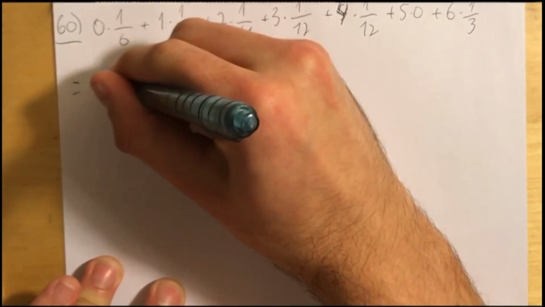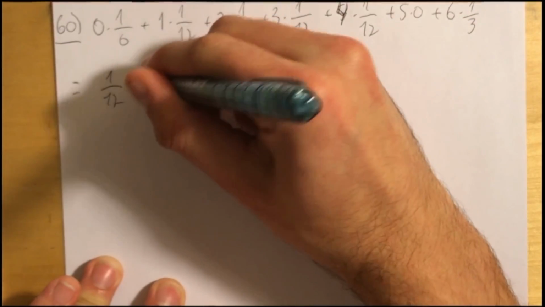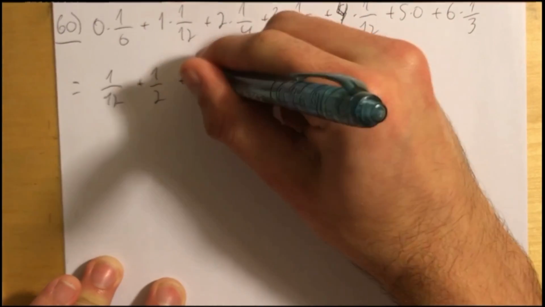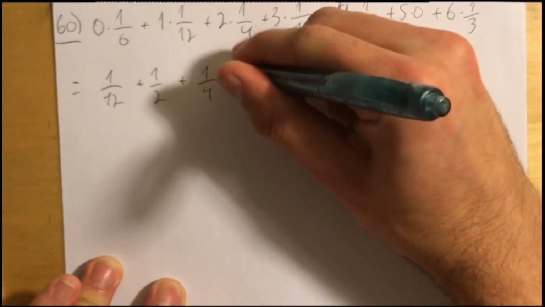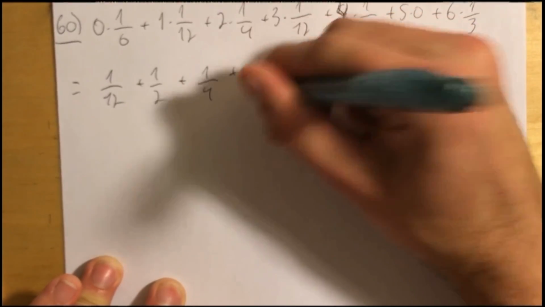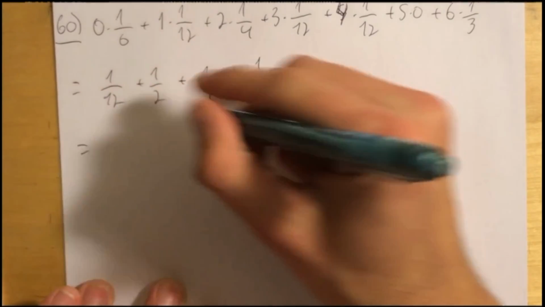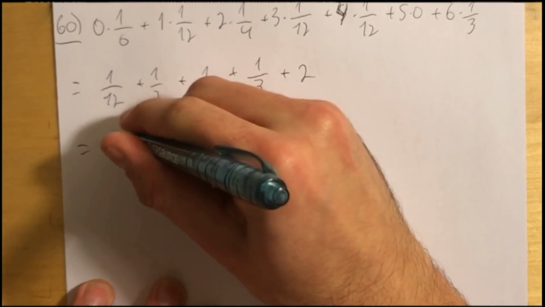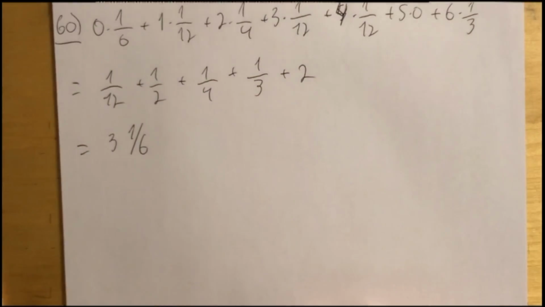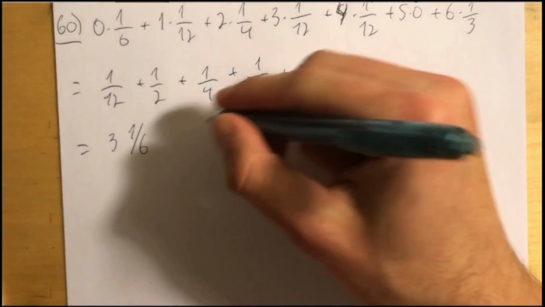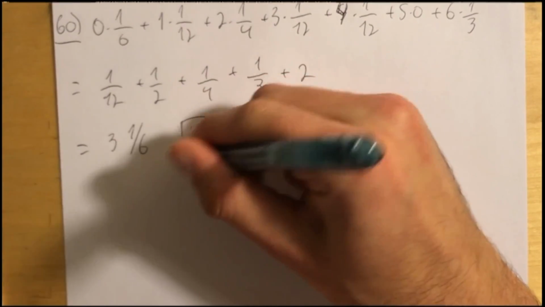Simplifying, we get 1 over 12 plus 1 over 2 plus 1 over 4 plus 1 over 3 plus 2, which after further simplification we get 3 1/6, which is option K.